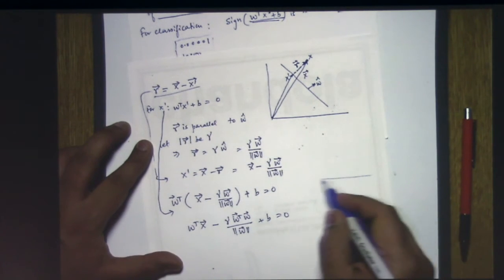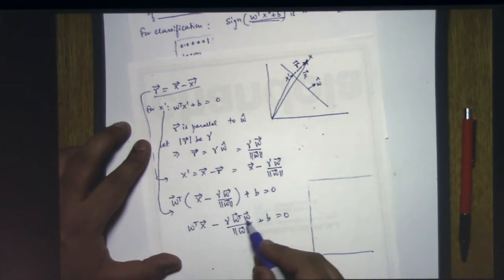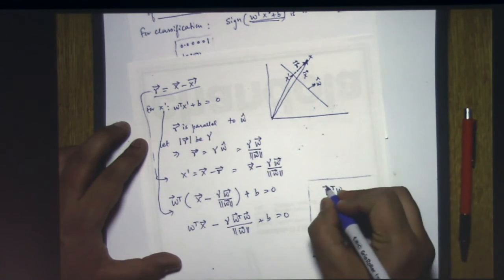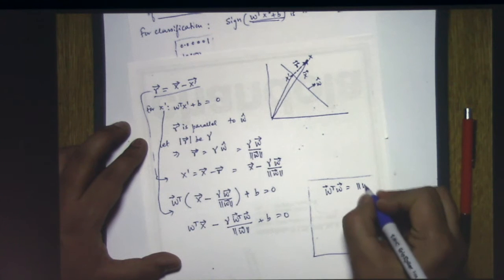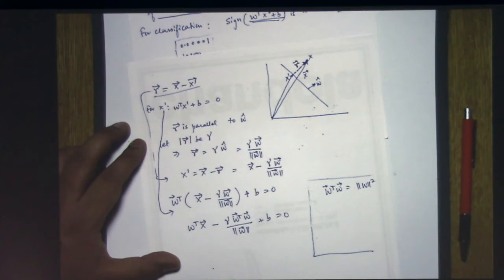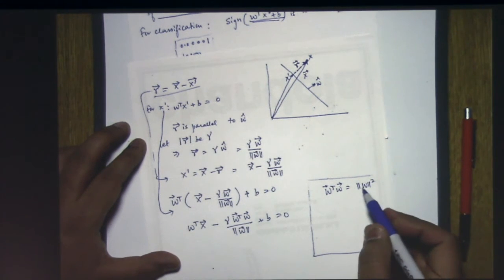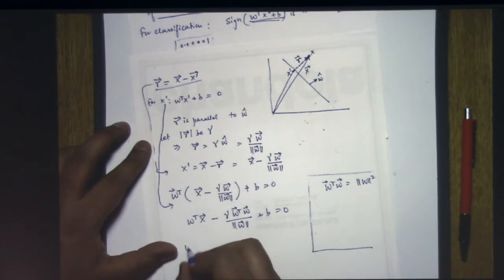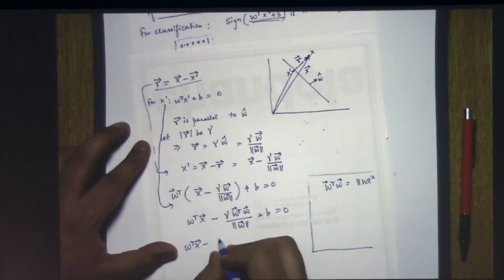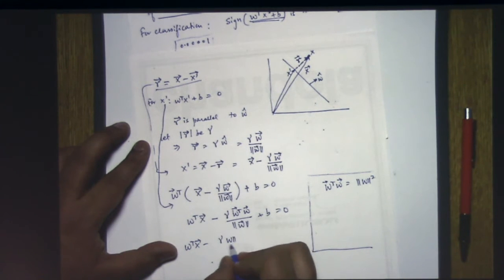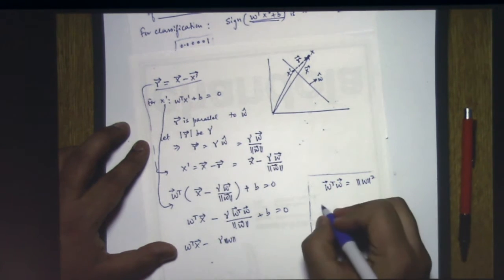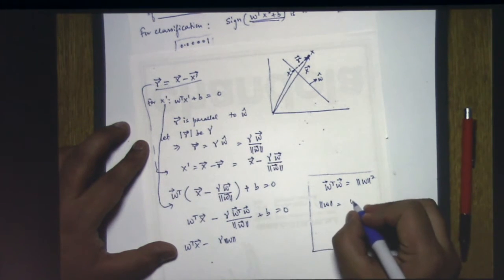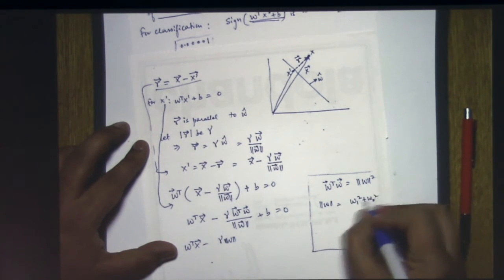Just as a sidebar, what is this? This is W transpose W, which is nothing but the magnitude square, which means that this value will just be the magnitude of W. So W transpose X minus gamma magnitude of W. By magnitude, just so that you remember, for a two-dimensional W, it will be the square root of W1 square plus W2 square.